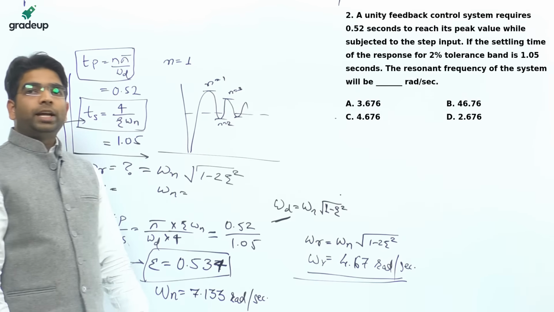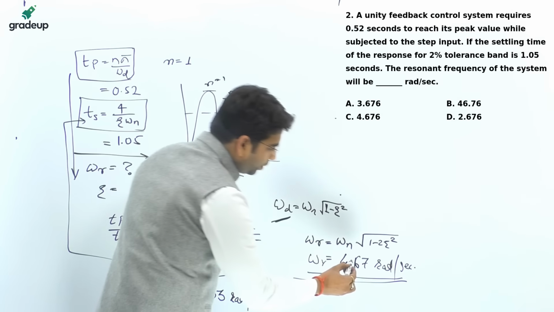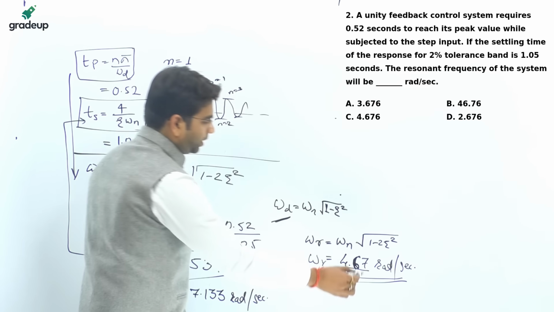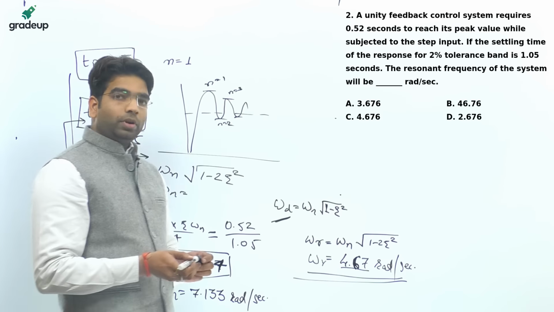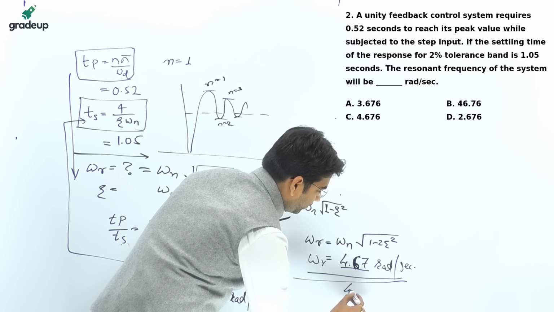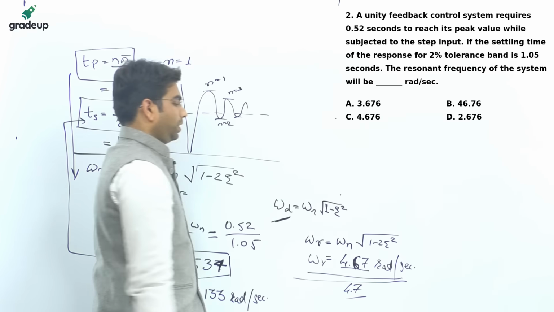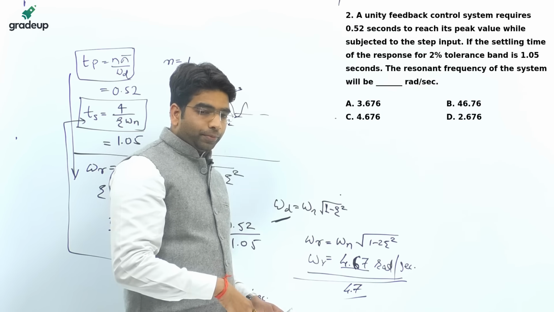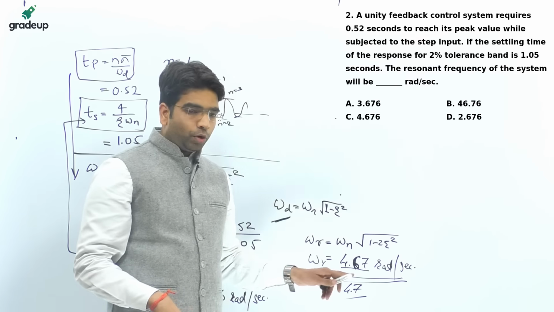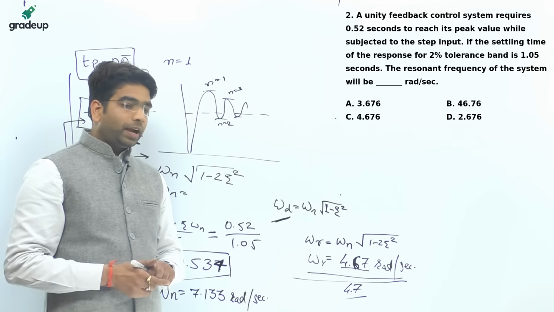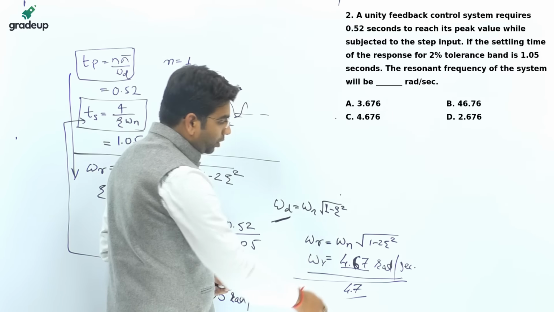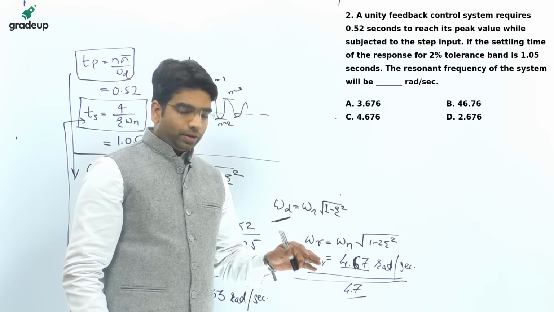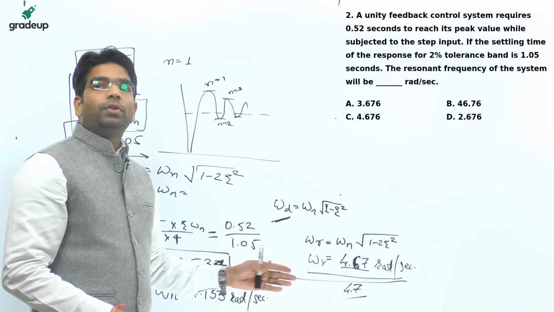This will be of NAT type questions, so you have to be very specific in answering. 4.67, okay. Don't try to round it up according to yourself, like 4.7. When it is asked in the question, you can have 4.67. But when you have NAT type, don't go for rounding off, because it may happen that your answer is out of the range, okay.